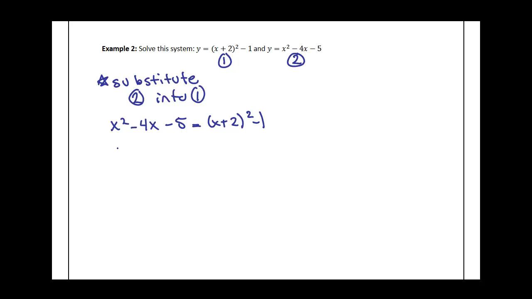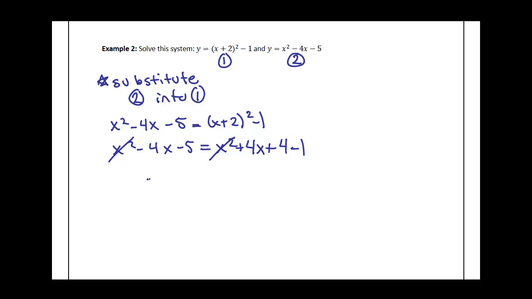So let's distribute this out. We're going to get x squared minus 4x minus 5, not changing yet. And this expands to x squared plus 4x plus 4 minus 1 on this side. Now we can go ahead and collect like terms. And we're going to find that our x squareds are actually going to cancel when we put them on the same side of the equal sign.